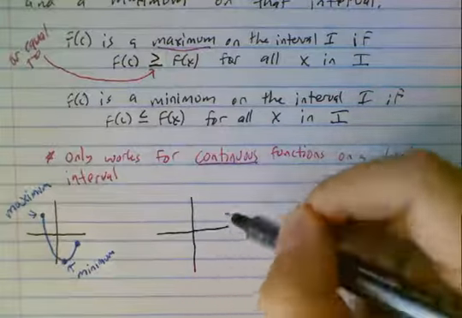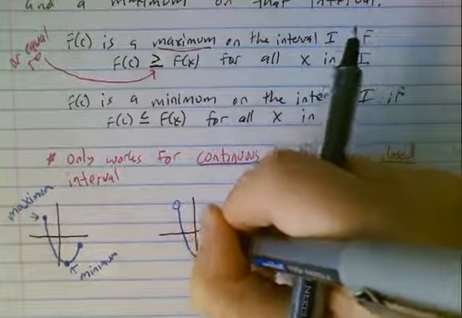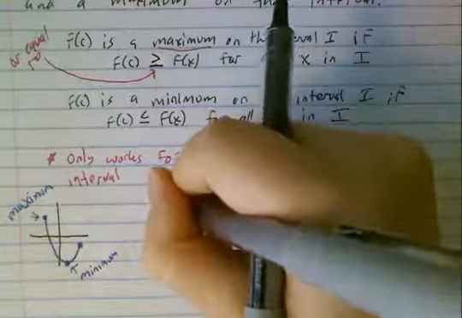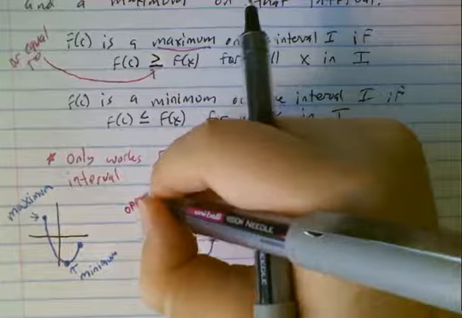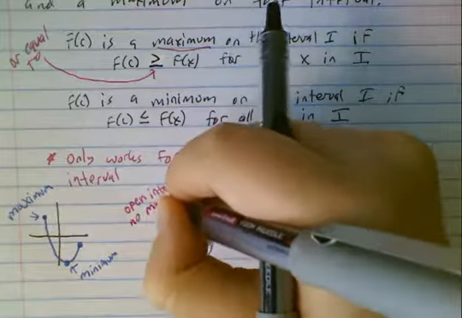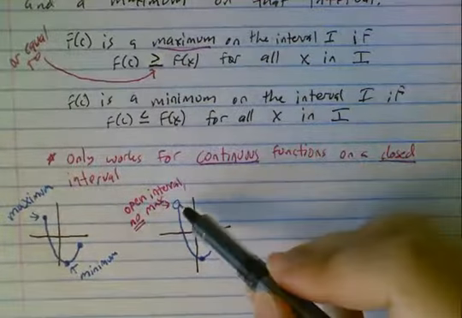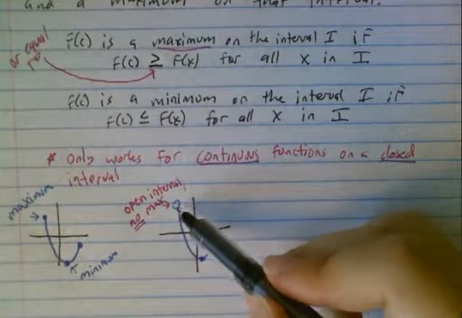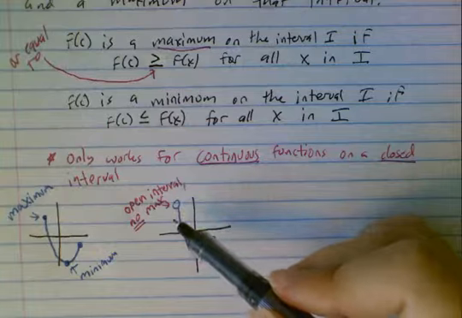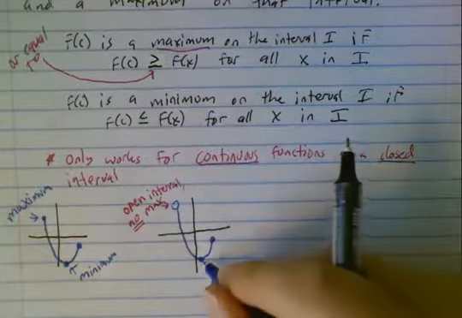However, if we have an open interval, there's no maximum. Basically, this open interval simply means that this single point is not defined, but we do have other points getting infinitely close to it, and since it gets infinitely close, we can't settle on a single number. We do still, however, have a minimum.